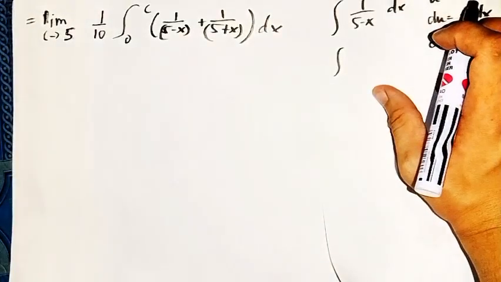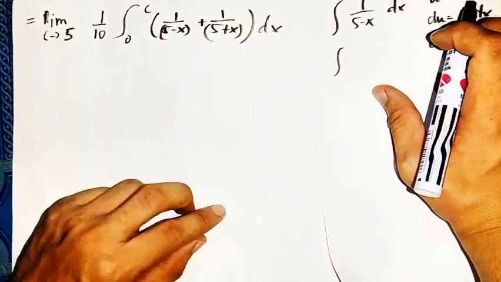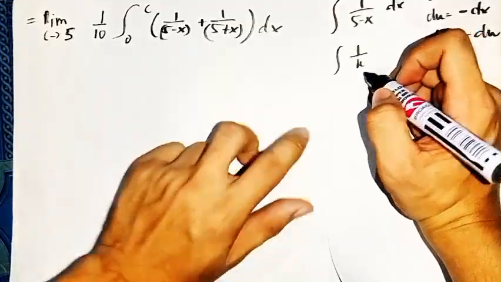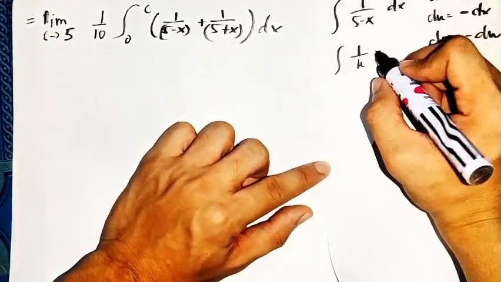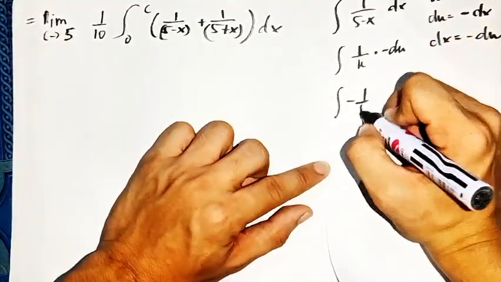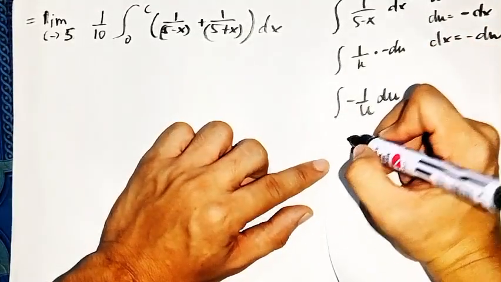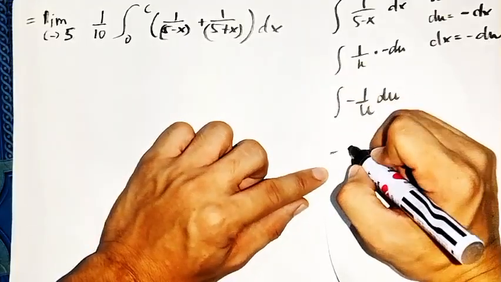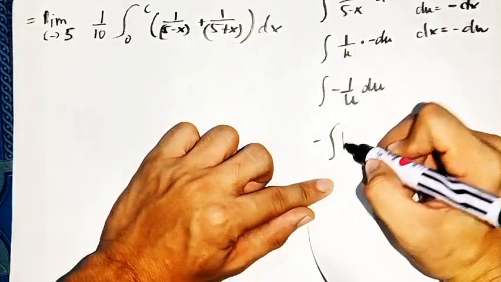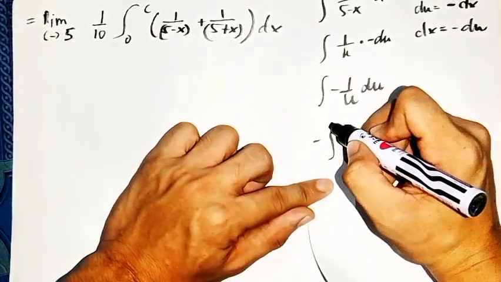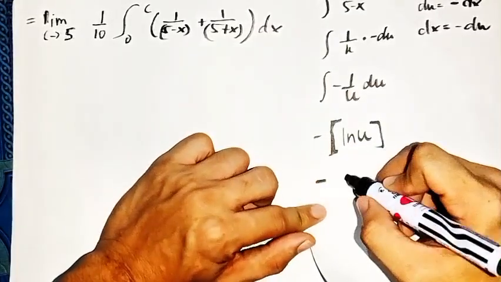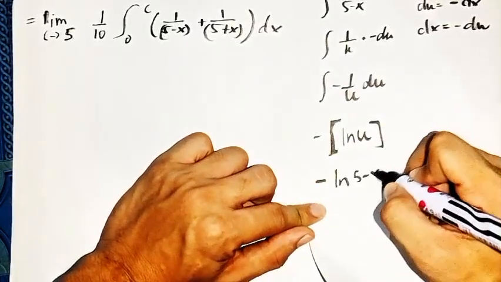So let's substitute. So 1 over u times our dx, which is negative du. So ito magiging negative 1 over u du. So magiging negative ln u, right? So magiging negative ln 5 minus x.